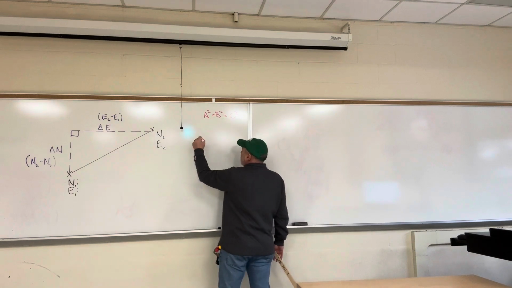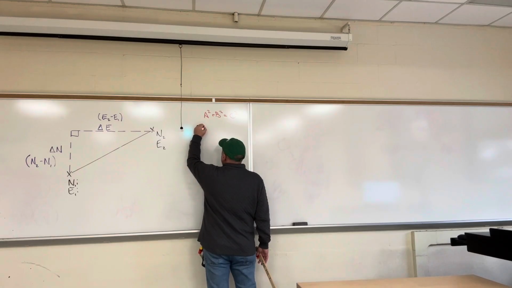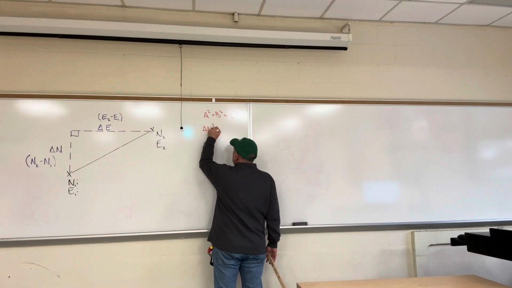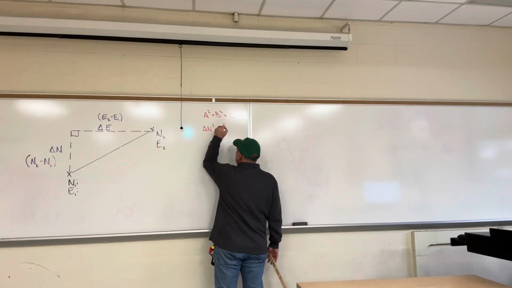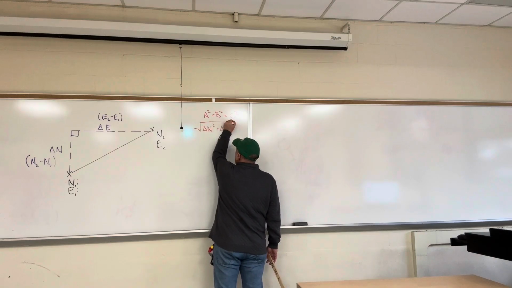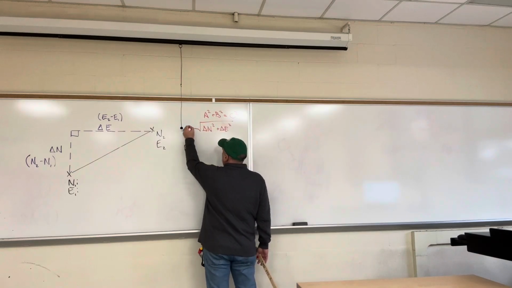A and b can be either the northing and easting, so your delta northing squared plus your delta easting squared. Take the square root of that and it's going to equal your distance.